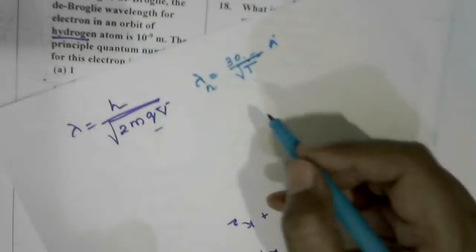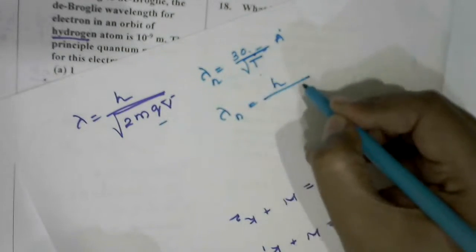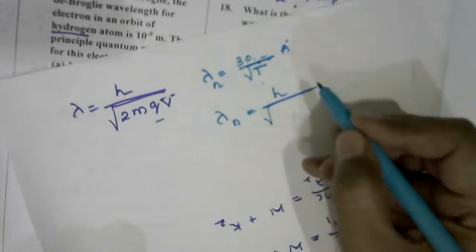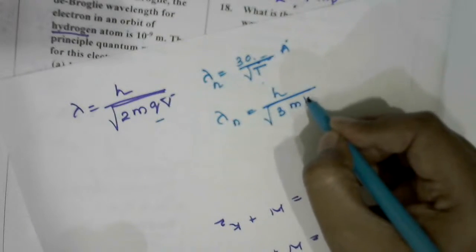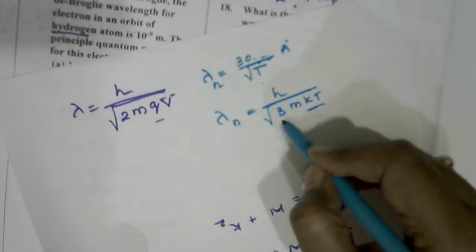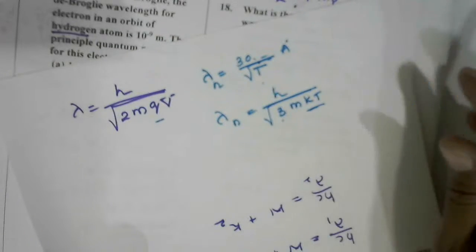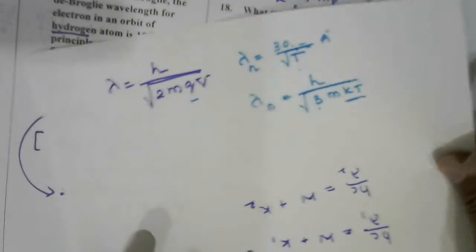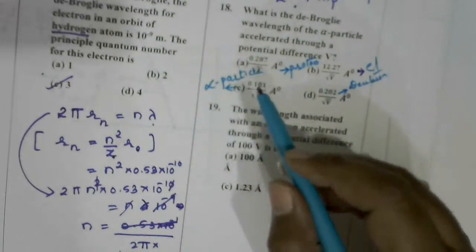So for the lambda of neutron you have to work with the formula h by square root of 3mkT. In place of energy you fill 3 by 2 kT, the 2 gets cancelled, and you use this formula. Well, anyway, here the answer is C.